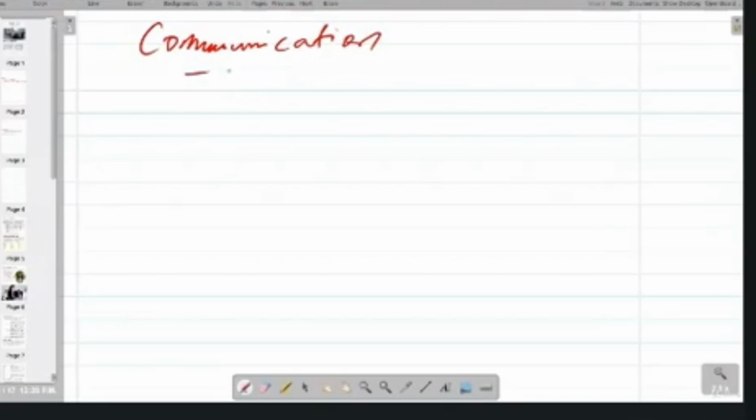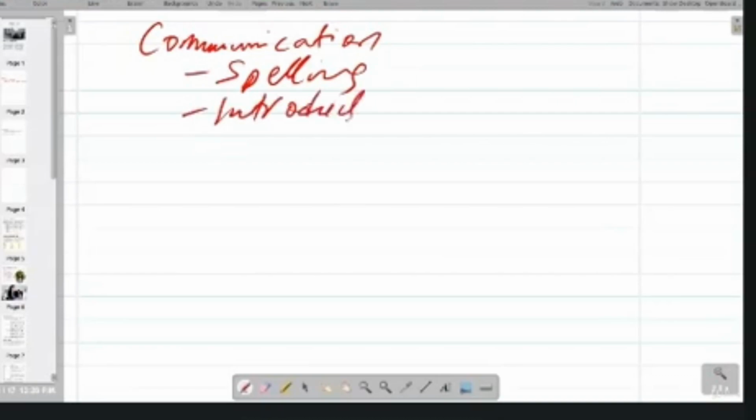So you're going to learn how to spell words in French, spelling, and you will learn how to introduce yourself, introduction of self and of others. So you should be able to tell people your name and understand people when they tell you their names. You should be able to spell your name when you tell somebody your name.